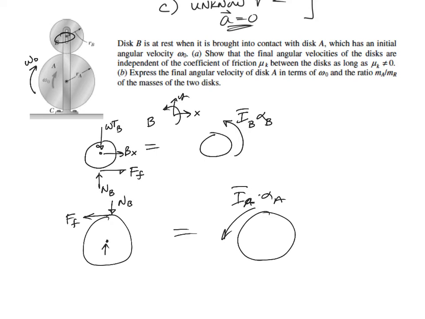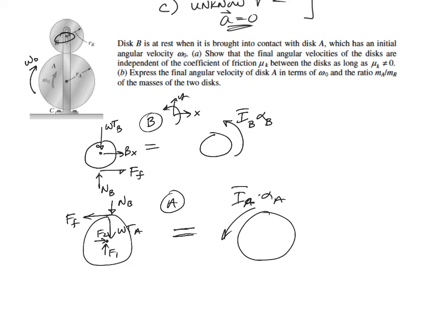Got reactions here, F1 and F2 from the pin. And we also have the weight of disk A sitting there. And so we end up with an FBD KD relation pair here, again for disk B, and then down here for disk A.